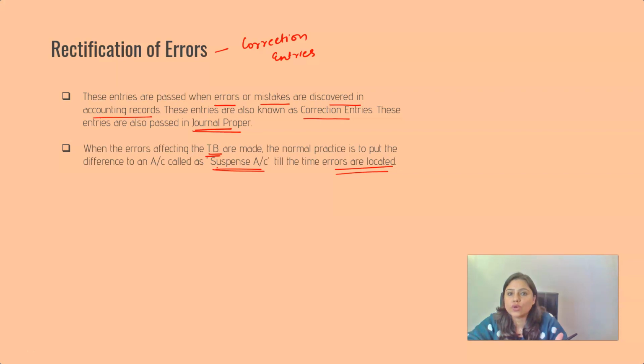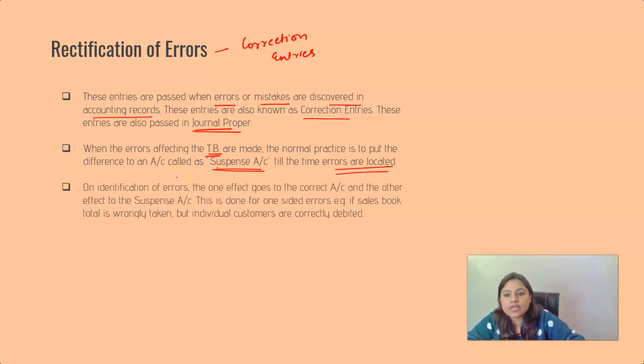But till then, in order to start drafting a first draft of the financial statements, the errors that are affecting the trial balance are put together in a suspense account, and then the task is to make the suspense account nil and transfer all the entries into their relevant accounting ledgers.